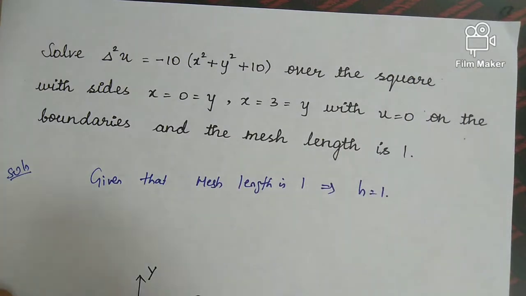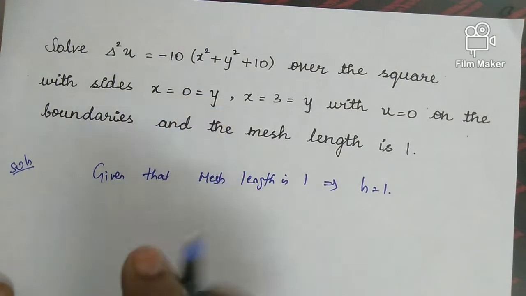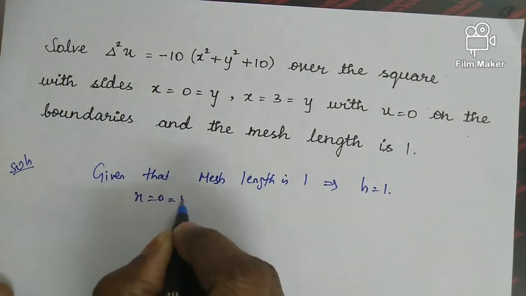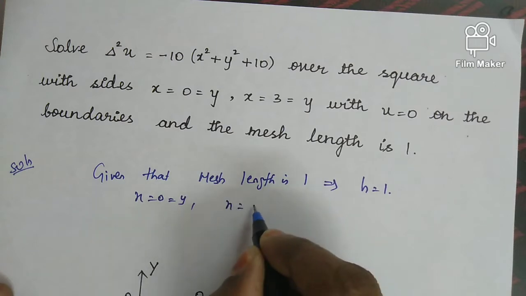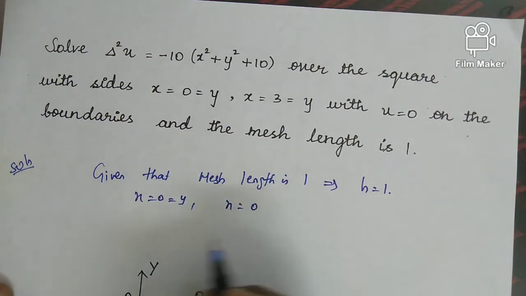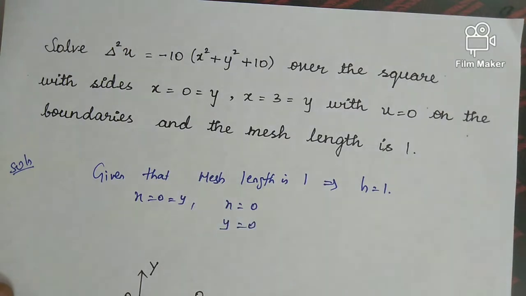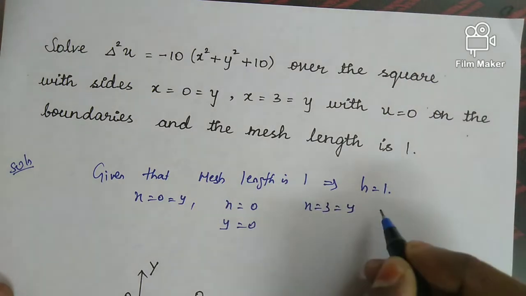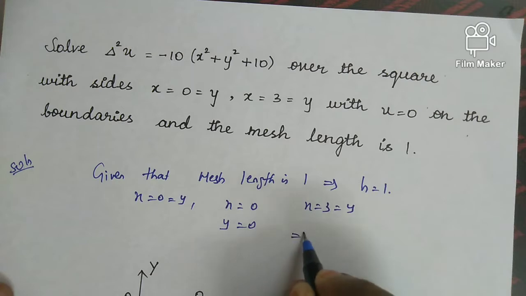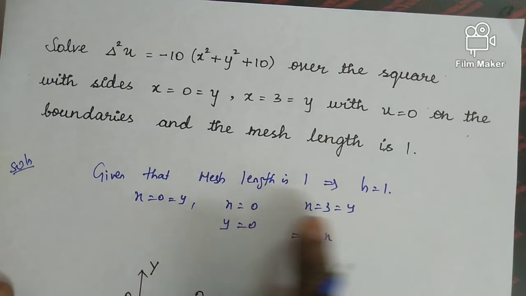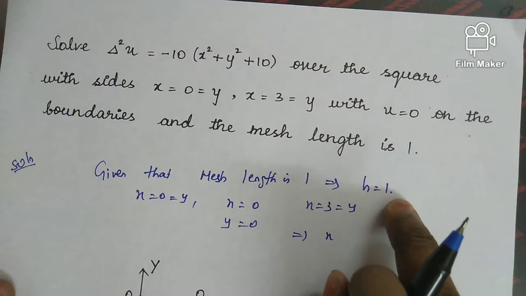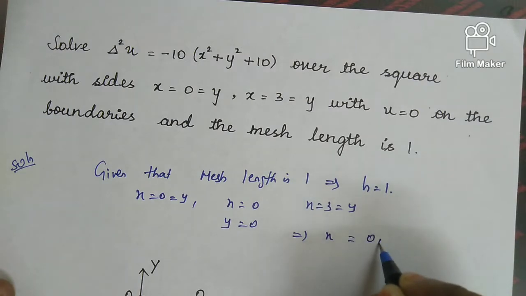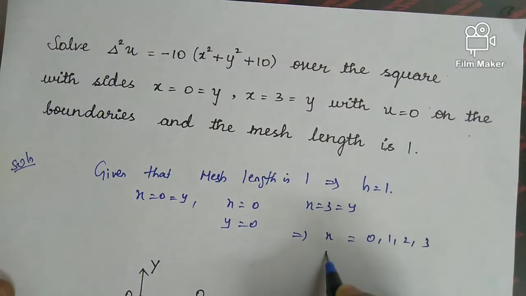Also given the sides x equal to 0 and y equal to 0, and x equal to 3 and y equal to 3. So x takes the values 0 to 3 with mesh length 1, that is x takes the values 0, 1, 2 and 3. Similarly y takes the values 0, 1, 2, 3.